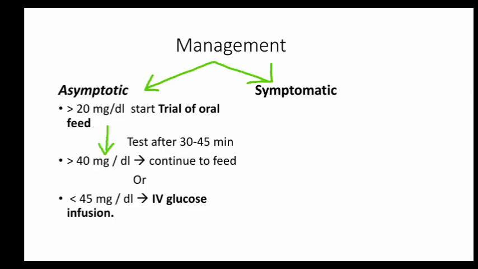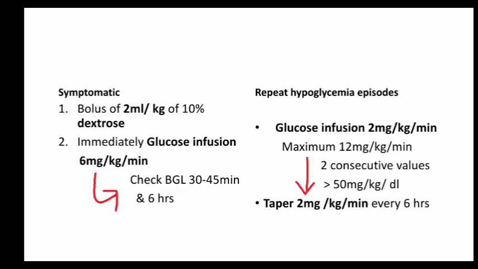If it is asymptomatic, we start a trial of oral feed. If it doesn't work, we give IV glucose infusion. If it is symptomatic, we start with 2 ml per kg of 10% dextrose and immediately start glucose infusion 6 milligram per kg per minute. If it is not useful, we give again 2 milligram per kg per minute, and we can extend up to 12 milligram.